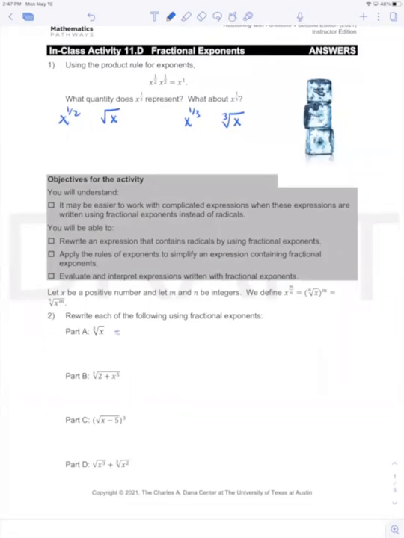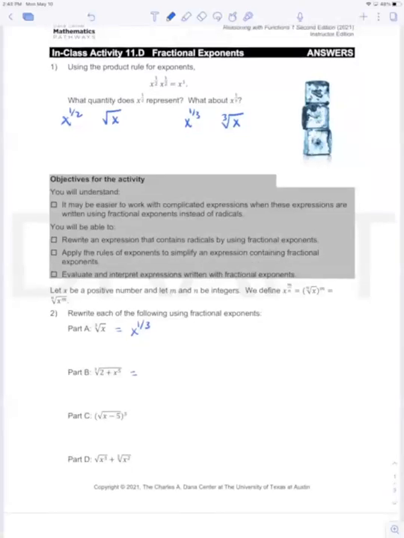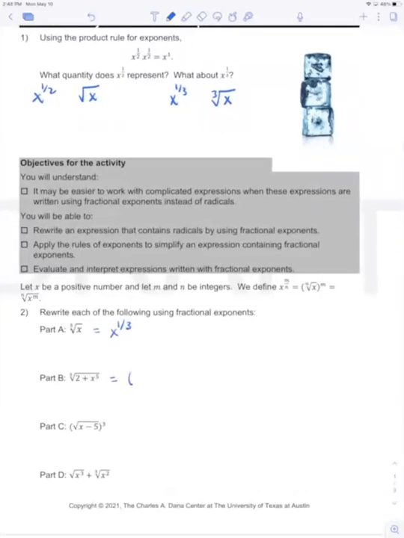So the cube root of x, we said just above, is x to the 1/3. And then part B, the cube root of 2 plus x to the 5th is going to be 2 plus x to the 5th, and that's all raised to the 1/3 power. And then here we have the square root of x minus 5 to the 3rd power.